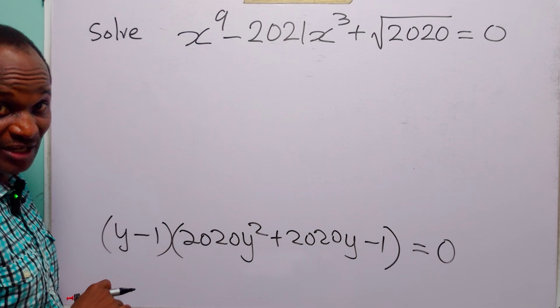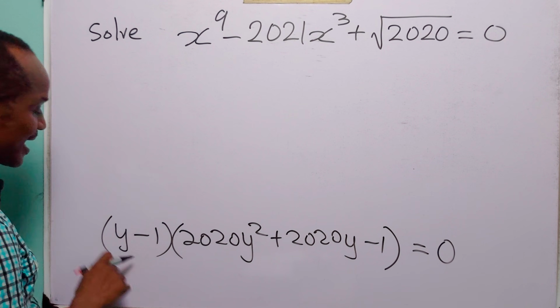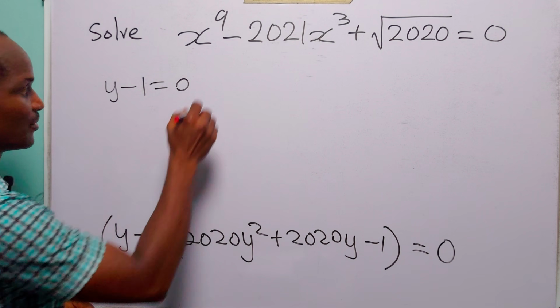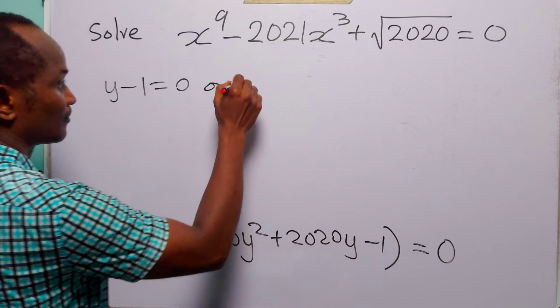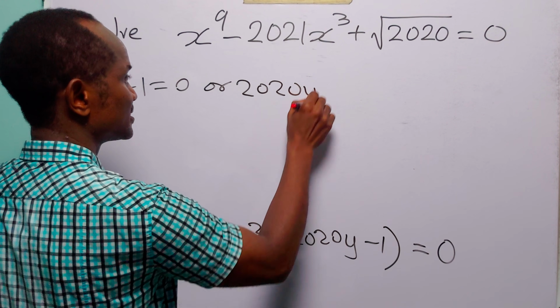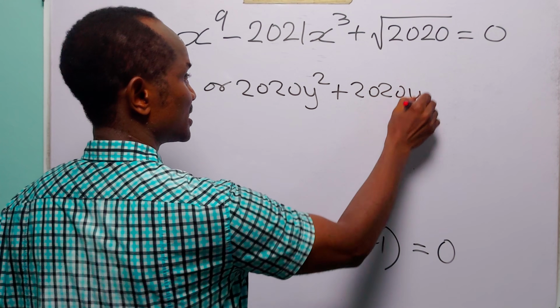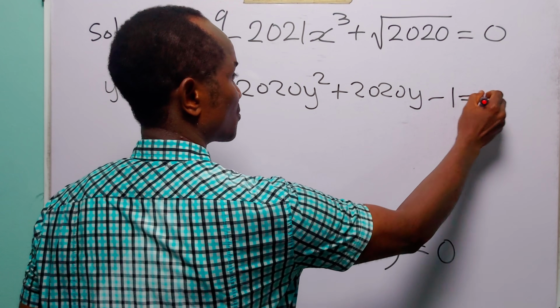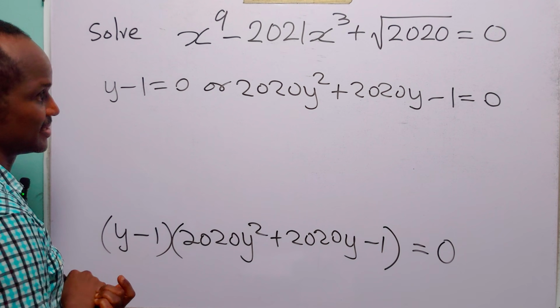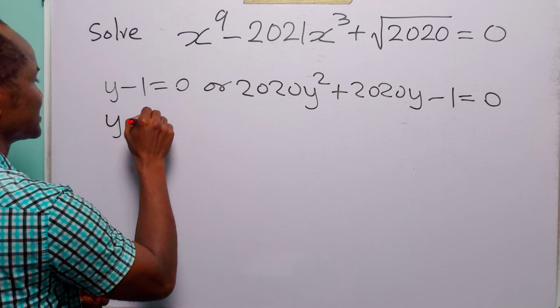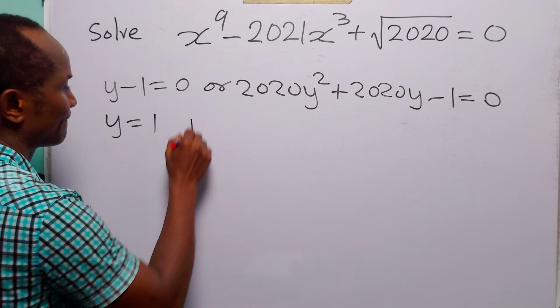And of course, from this factorization, you can see that either y minus 1 is equal to 0 or 20y squared plus 20y minus 1 is equal to 0. From this first equation, we have that y is equal to 1.